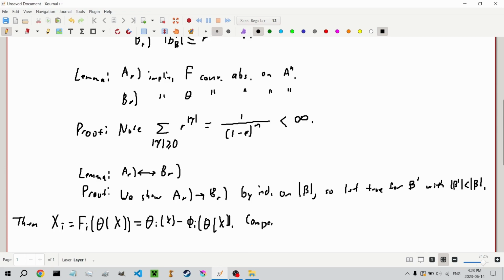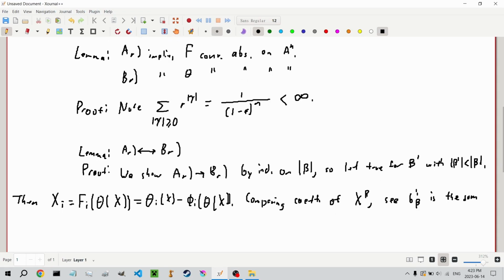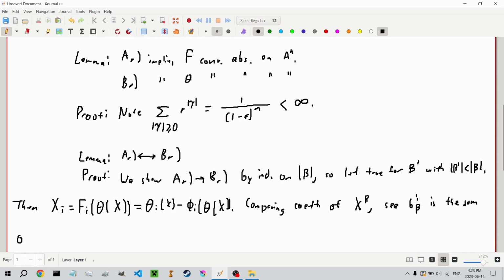Then comparing the coefficients of x to the beta, we see that b sub beta to the i is the sum of coefficients of x to the beta in phi sub i of theta of x.